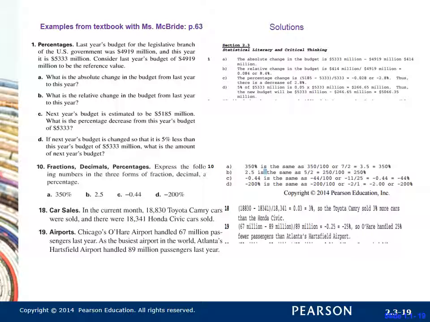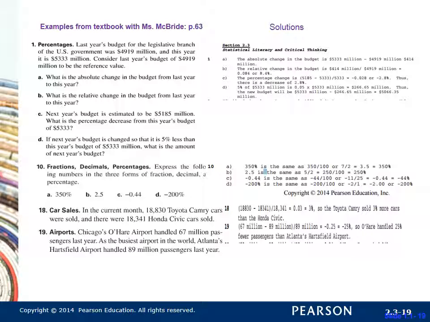And they told me the reference was the second one. And we're comparing Toyota to Honda. So Toyota minus Honda divided by Honda, and that's how we get the numbers that are in the solution. So that's your 18,830 minus your 18,341. Notice the parentheses, divided by the Honda, which is your 18,341. There's your division. Make sure you get that on your calculator and then convert it to percent.